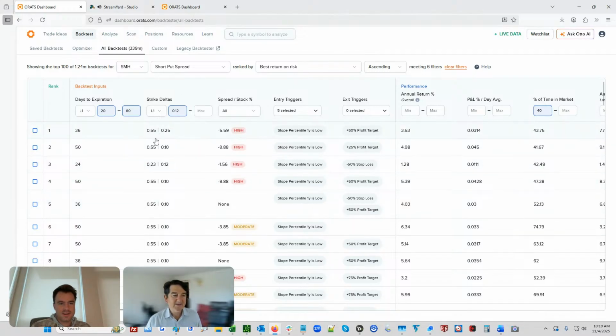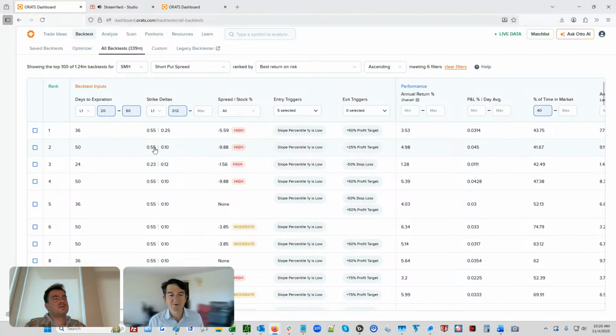The volatilities really changed a lot. What we're doing generally here, in a short put spread, is selling the 55 delta and buying the 25 delta. That's a serious skew with serious options, so it's a lot different.